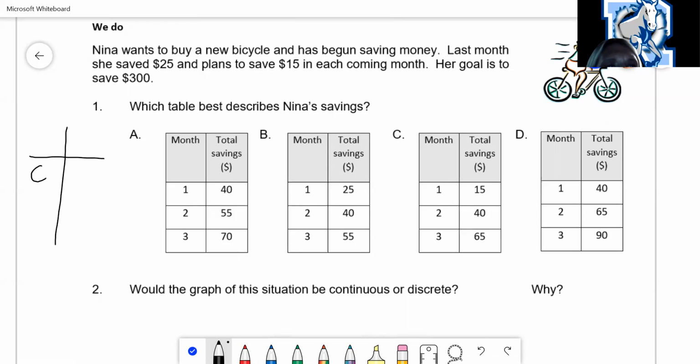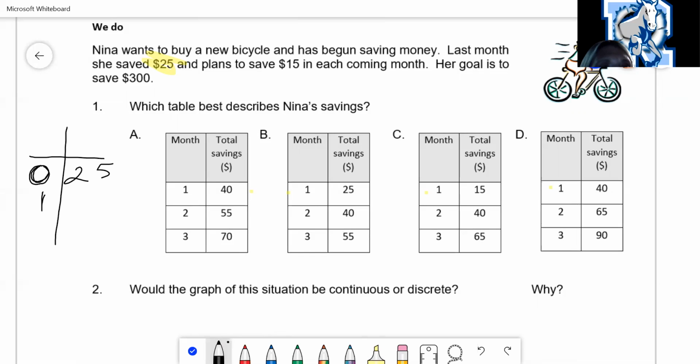When she first starts at time 0, how much money does she first put into the account? She said she saved $25. That's how much is first going into the account. I don't see a 0, 25 anywhere on here because they all start with 1.